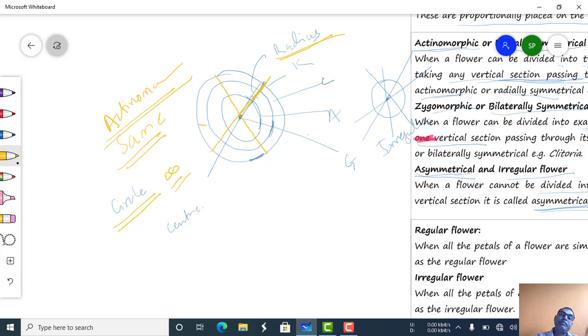If you find a number of planes where the flower can be divided into two equal parts, then it is called actinomorphic.